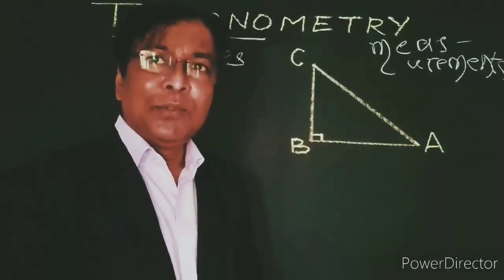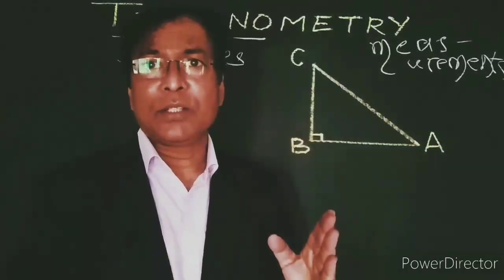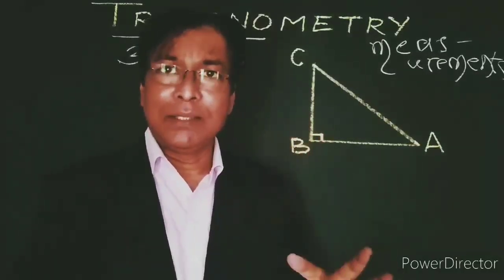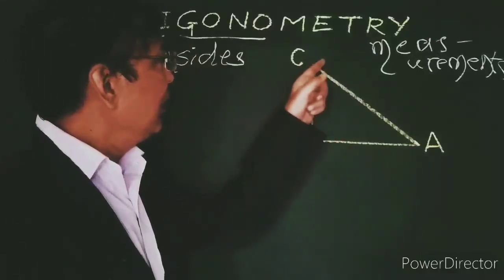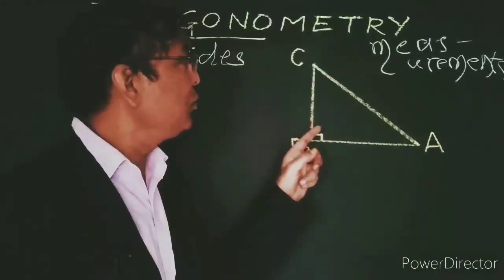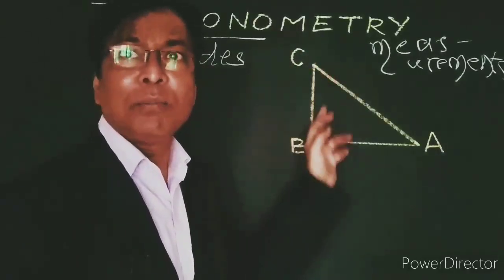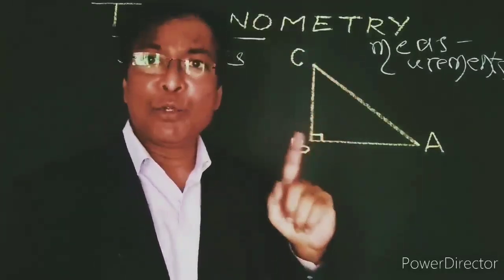You will be able to find the height of a mountain or Mount Everest without actual measuring. Imagine a plane is flying in the sky, and you will be able to find how high the plane is flying from the ground without actual measuring.